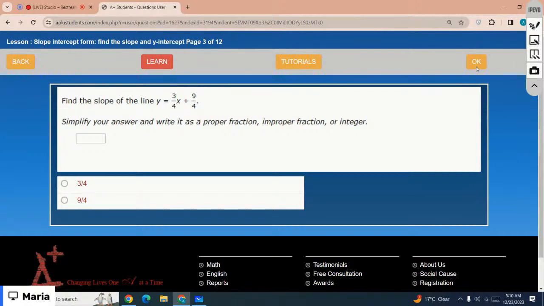The next one is find the slope of the line y equals 3 by 4x plus 9 over 4. Which is the correct option?